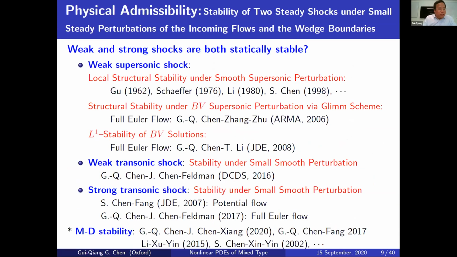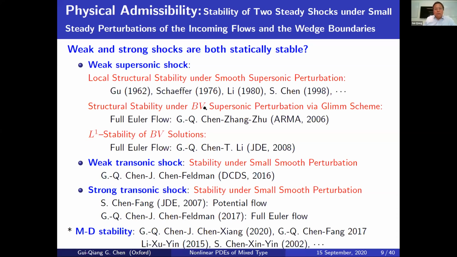First, of course, we think about the steady case. In the steady framework, everything is steady, and we perturb the incoming flow and the wedge boundary to see whether both solutions, the weak and the strong shock, are statically stable. It turns out the hyperbolic cases, the weak shock with supersonic to supersonic, were resolved earlier by various people like Gui-Qiang and many others.